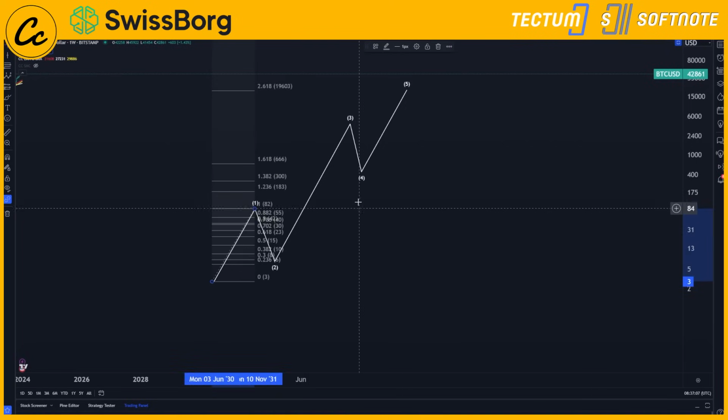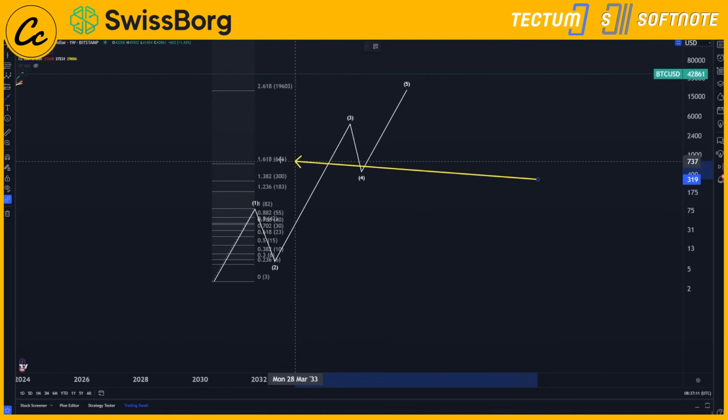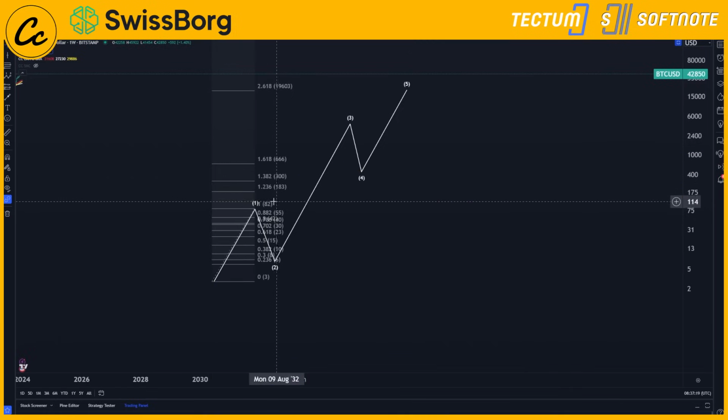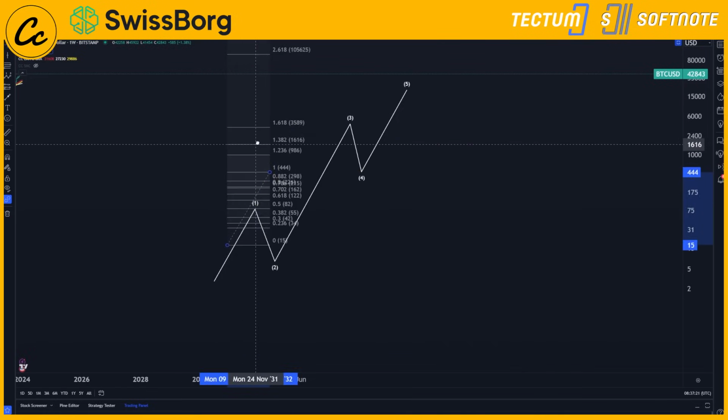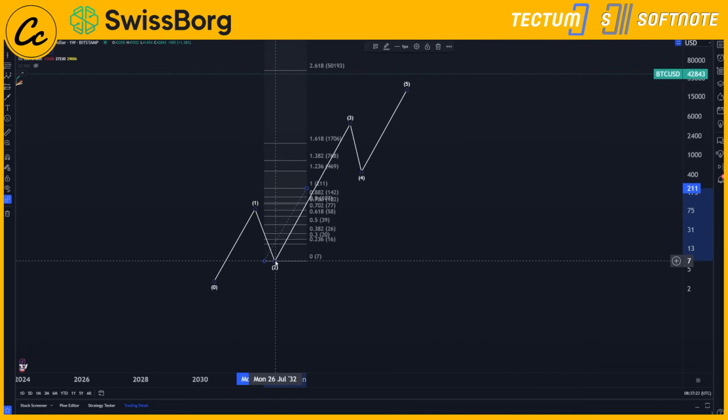For a wave 3 to be considered wave 3, it must pass 1.618 times wave 1. Okay, to do this, you don't just put the Fibonacci chart on wave 1 here, you actually grab the Fibonacci chart and you move it over to the bottom of the wave 2.